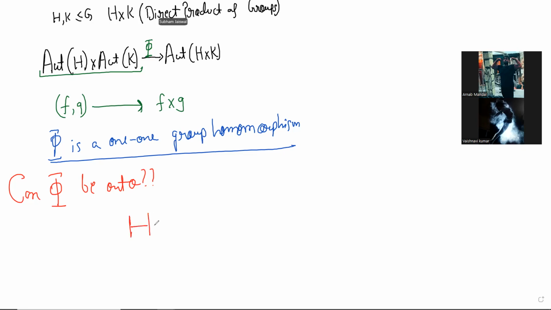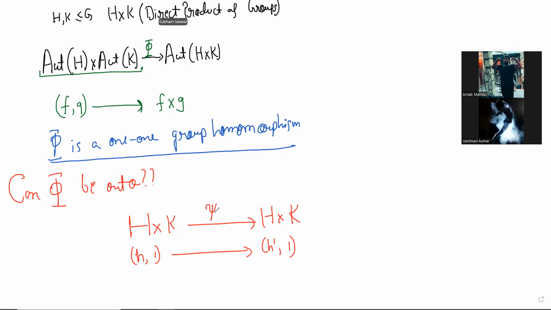So we are looking for some groups for which phi is onto, which just means that if you have any automorphism, then it should take h comma 1, I'm writing the identity as 1, to some h prime comma 1.